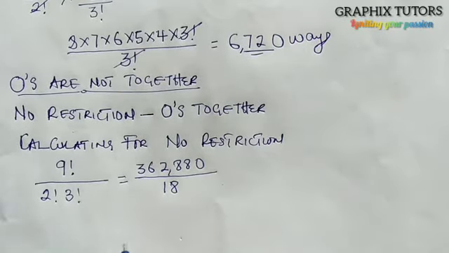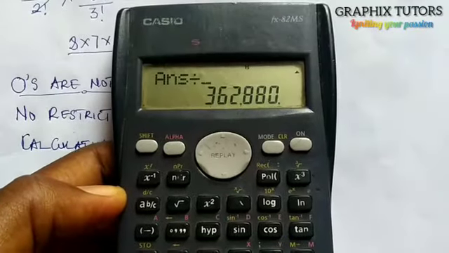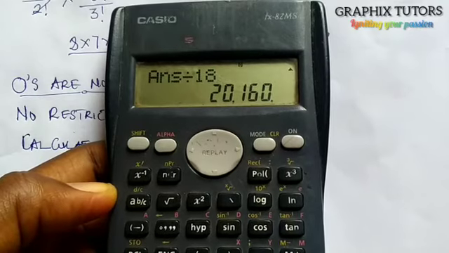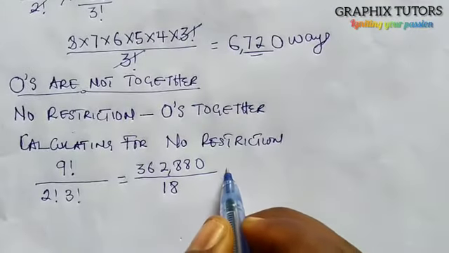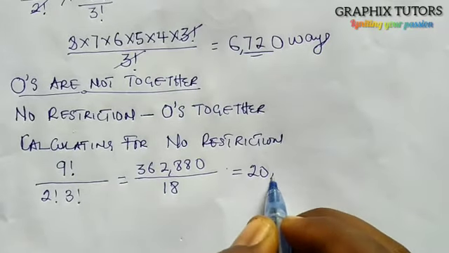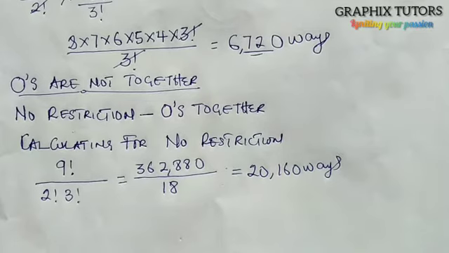So everything divided by 12 will give us 30,240. So in terms of no restriction, that will give us 20,160 ways.